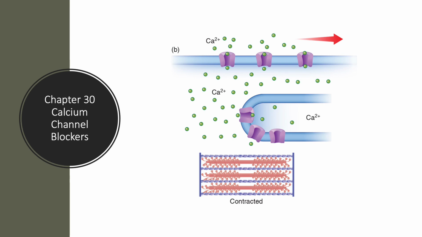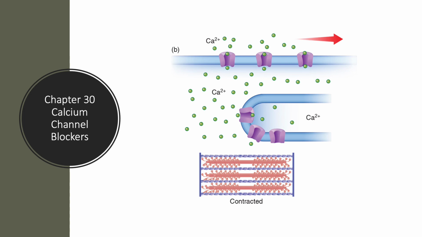So there's calcium channel blockers that only vasodilate the arterioles. They don't do anything to the heart, and those are called dihydropyridine calcium channel blockers. And there's two very common ones in this group. There's other ones. These are by far the most common. Nifedipine and amlodipine. Just vasodilate.